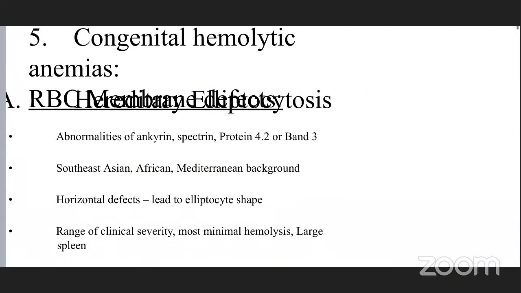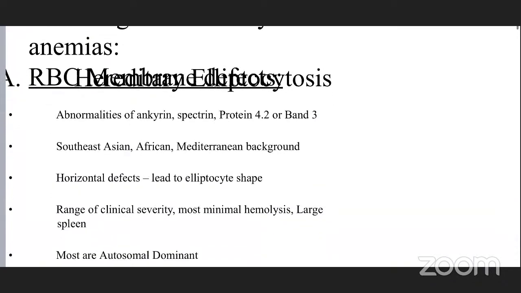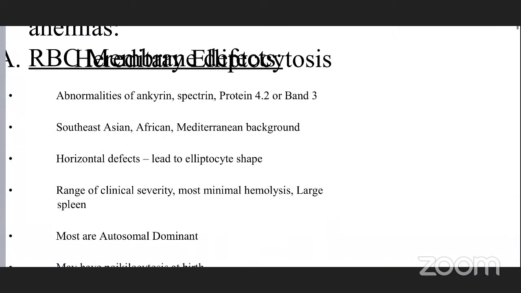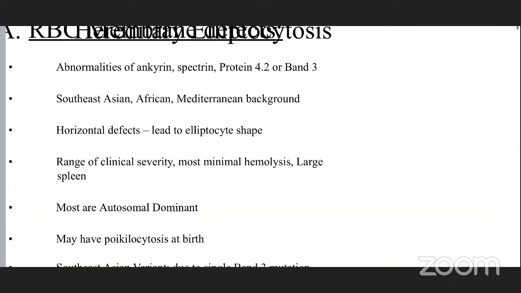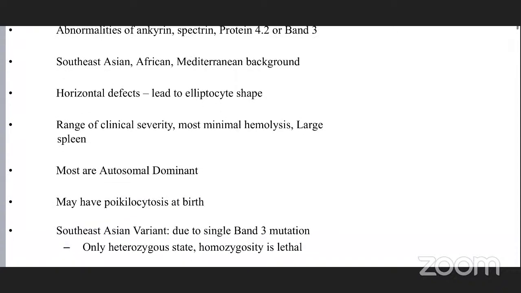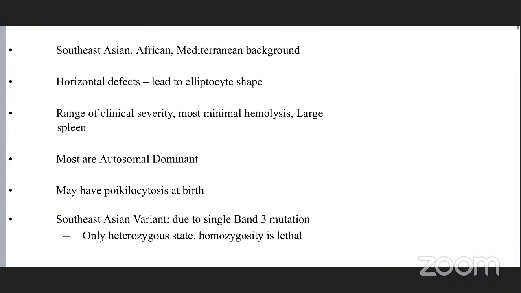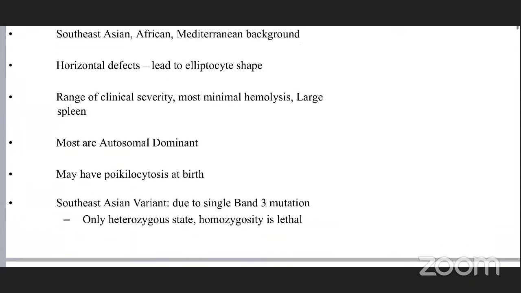Also still with the RBC membrane: spherocytosis involves abnormality of ankyrin, spectrin, and protein 4.2 or band 3, seen in Southeast Asian, African, and Mediterranean backgrounds. A horizontal defect leads to an ellipsoid shape, with a range of clinical severity, mostly minimal hemolysis, and a large spleen.